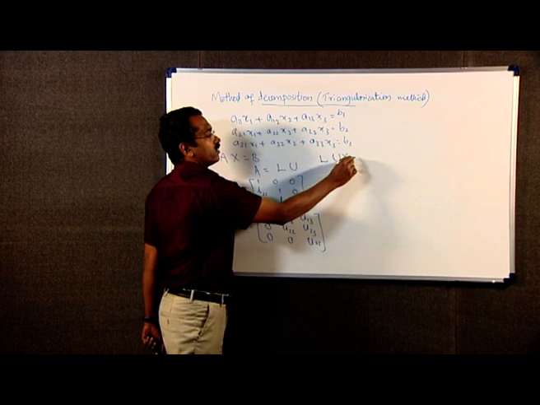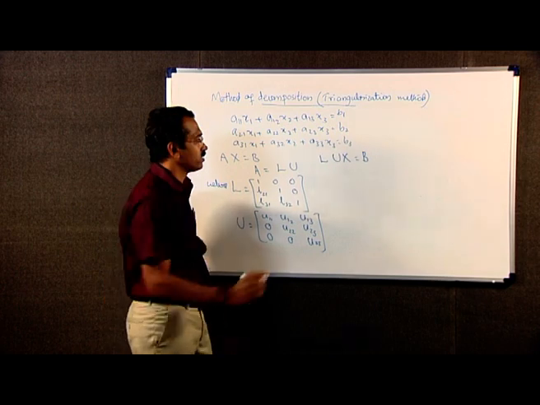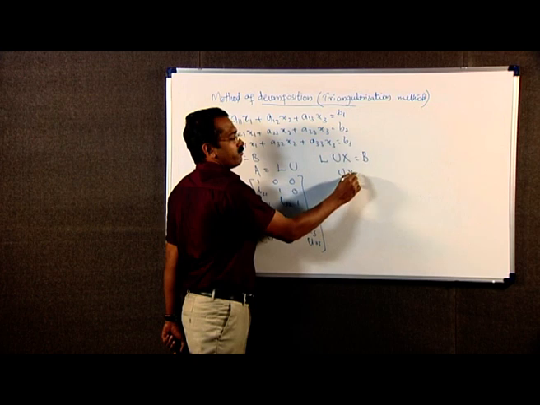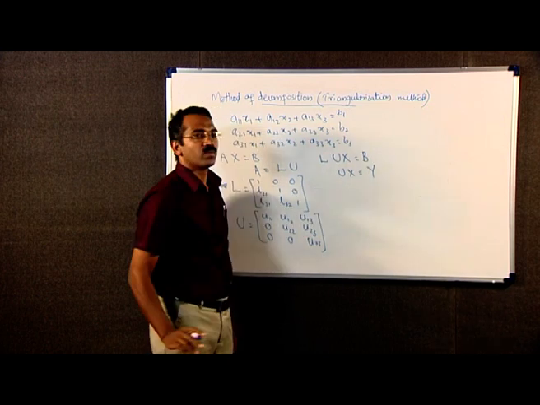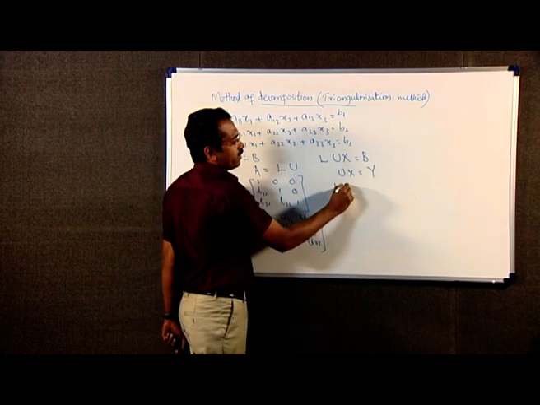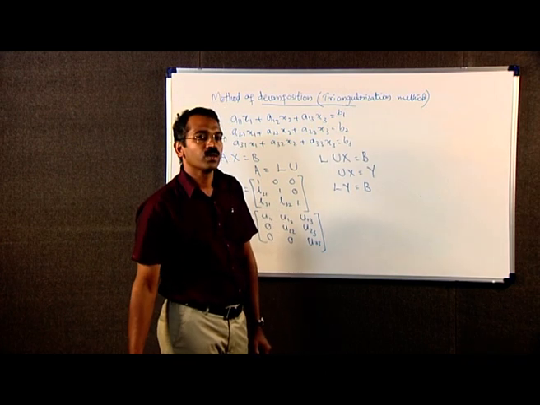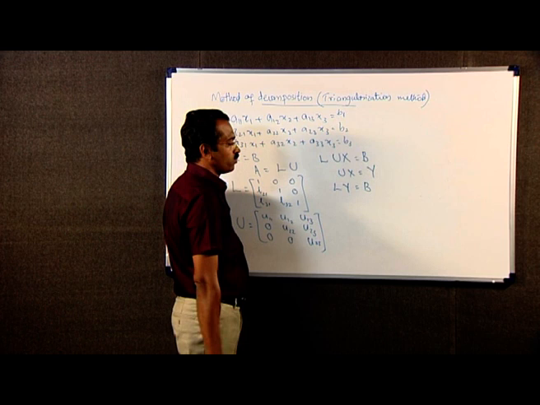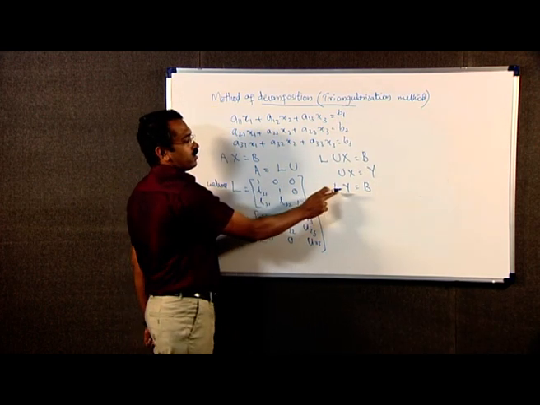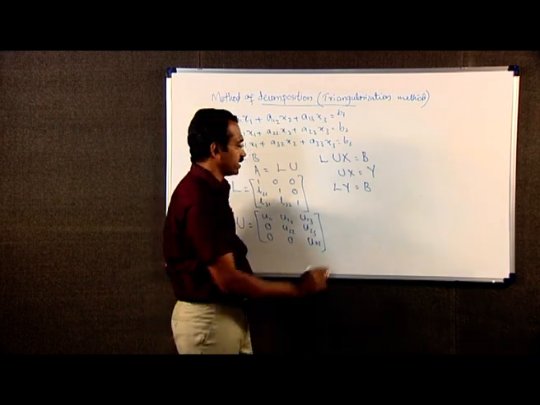If we set Ux as y, that is, if we put Ux equal to y, the system will become Ly is equal to B, where L is the lower triangular matrix and y is a column matrix of three unknowns y1, y2, y3.